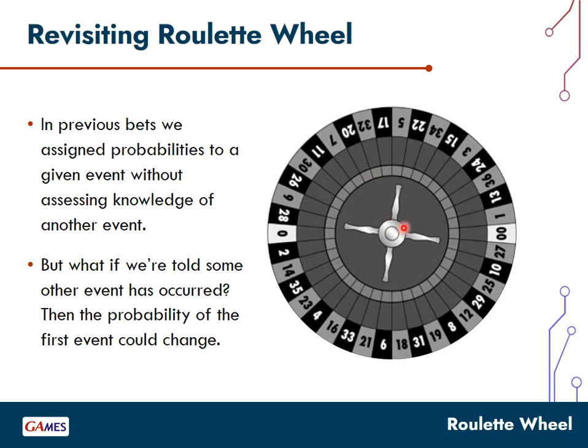We're going to revisit the roulette wheel. I've already explained this first bullet point. In the previous case, we're trying to assign probabilities to events without access to knowledge of another event. So let's say you want to compute the probability of B or E. You're just going to compute that to estimate what the outcome might likely be, to estimate the likelihood.